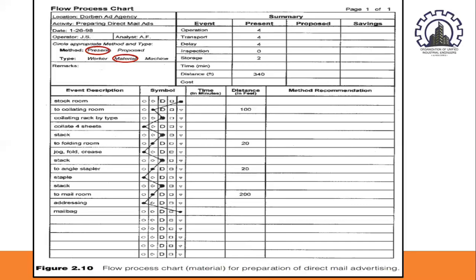For inspection, there's none, so that is why it's 0. For storage, you have 2, so that is why it's 2 minutes. For distance traveled, you have 100 plus 20 plus 20 plus 200, so a total of 340. Okay, so that is an example of how to construct a flow process chart.